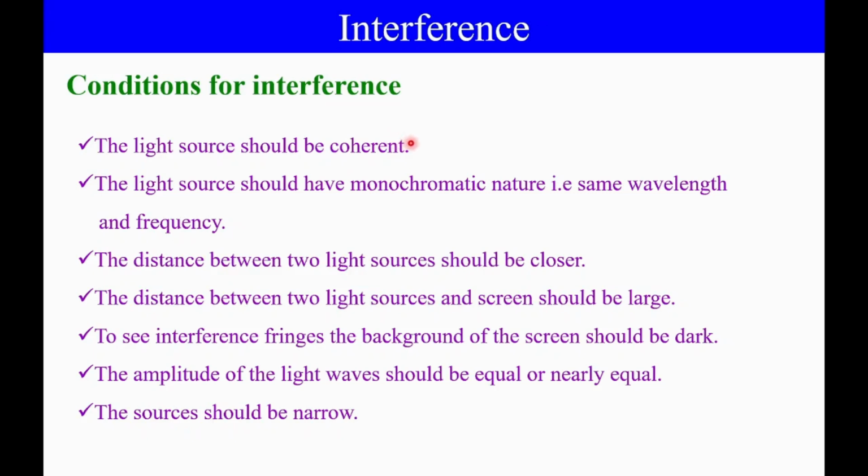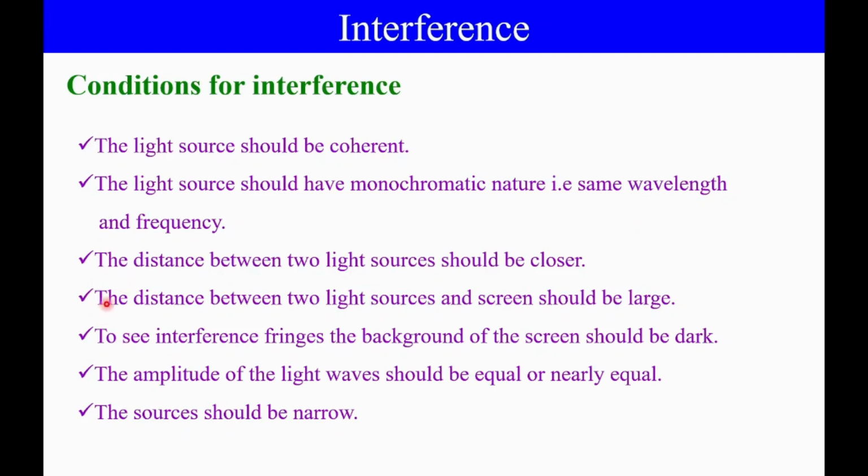Coherence means the emitted light photons have the same phase and the same frequency. Such a source is called a coherent source. The second condition is that the light source should be monochromatic, that is, it has to give a single color, which means a single wavelength. That is the meaning of monochromatic.